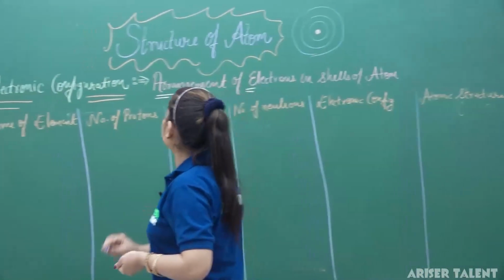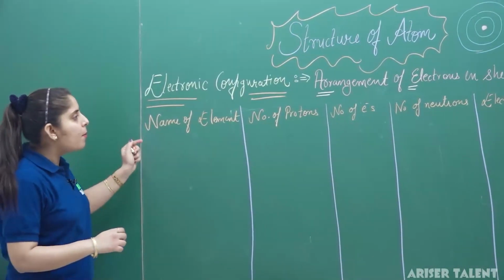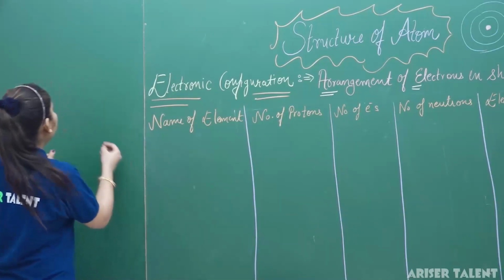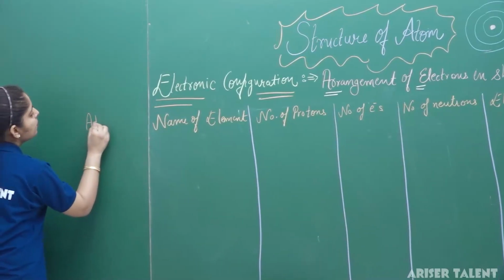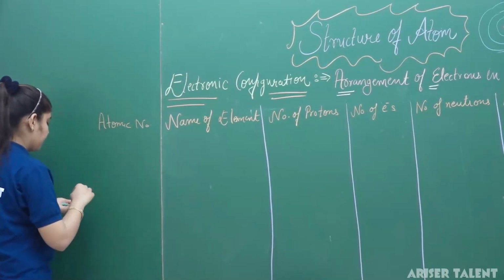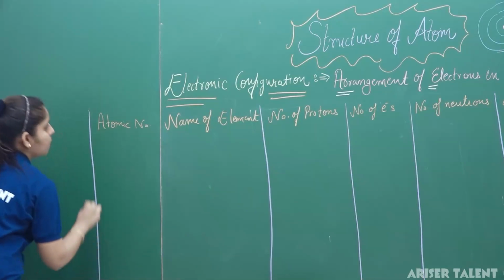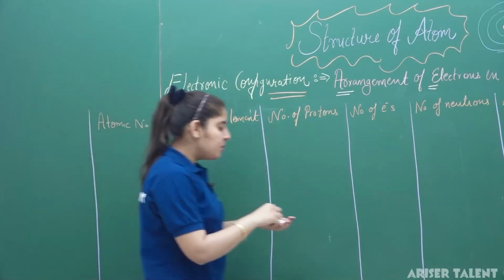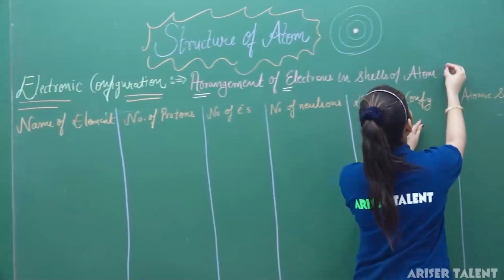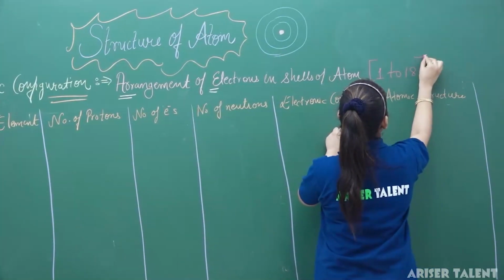So, we will write the arrangement of the electrons in the shells of an atom from atomic number 1 to 18. So, here we will write the atomic number. Arrangement of the electrons will be discussed from atomic number 1 to 18.